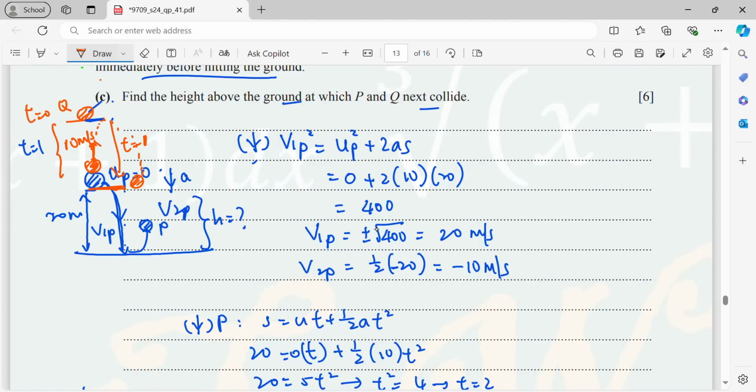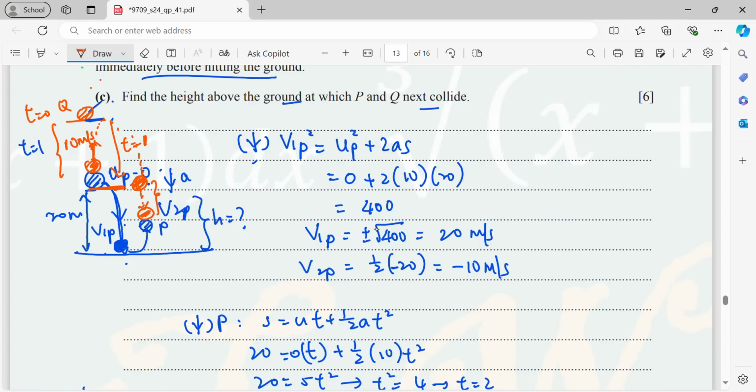That means when the P is over here, the Q is over here, right? So you consider these two. This is my Q. Then now, let's say the Q reaches here, then it collides.